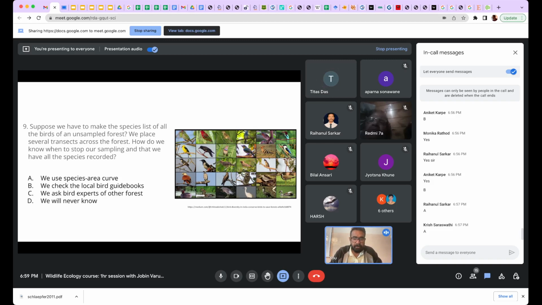So using a local bird guidebook to determine that the number of species we have recorded is enough is slightly tricky, because it's not been surveyed before, so the local guidebook might not have some of the birds. And bird experts of other forests, again tricky, because those experts have not visited the forest that we are sampling or surveying. So if you want to pick an answer, then we can easily go with A, but there's a better reason for that.